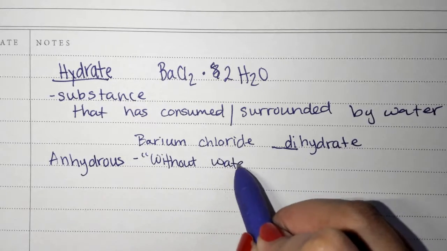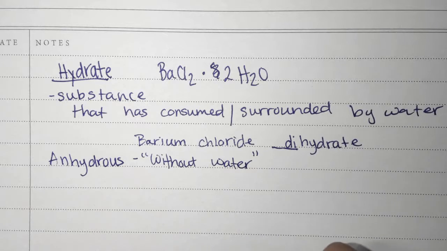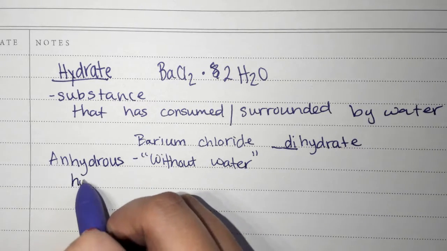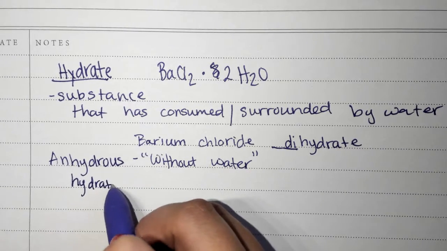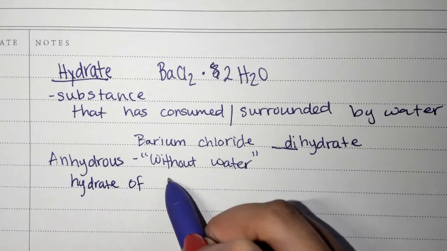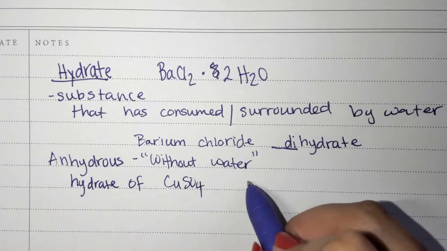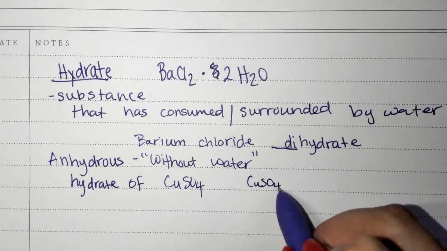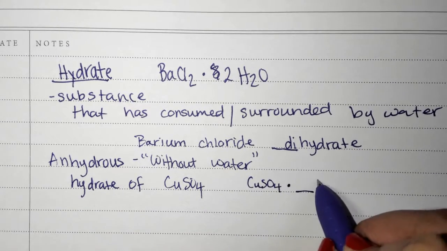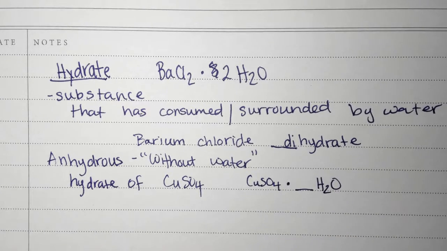So in your word problems that we will be working with, you can see something that says the hydrate of copper 2 sulfate. And this just means that it's copper sulfate surrounded by some number of water molecules.